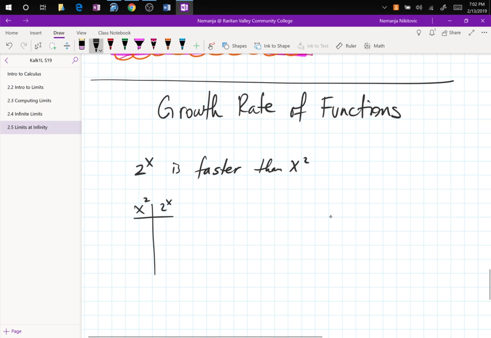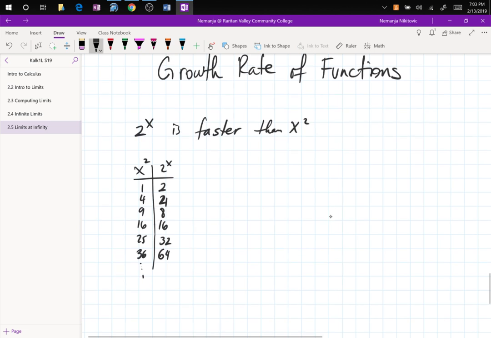So we have x squared: 1, 4, 3 squared 9, 16, 25, 36. So these are all the square numbers. And 2 to the x is 2 to the 1, 2 squared is 4, 2 to the 3 is 8, 16, 32, 64.